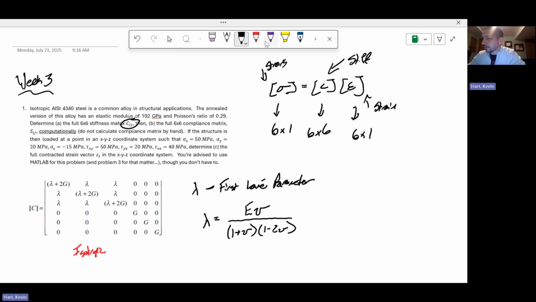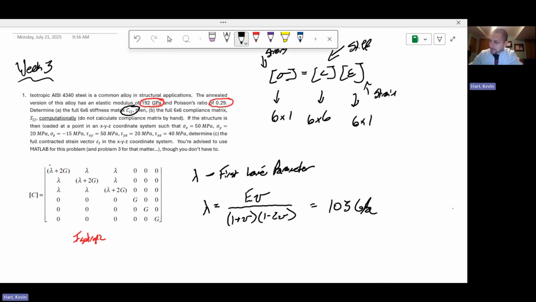In this particular problem, we're given the elastic modulus 192 GPa, Poisson's ratio 0.92. So you can plug both of those into this equation and calculate the Lamé parameter straight away. If you do that, you'll come up with a Lamé parameter equal to 103 GPa. So that's for this particular situation.